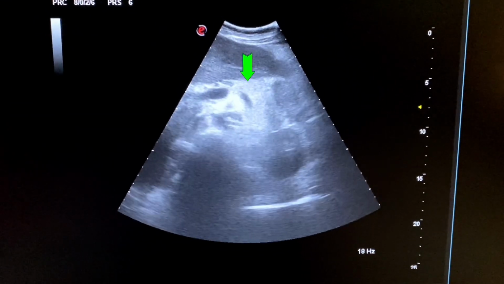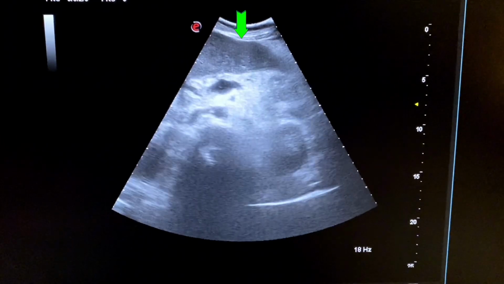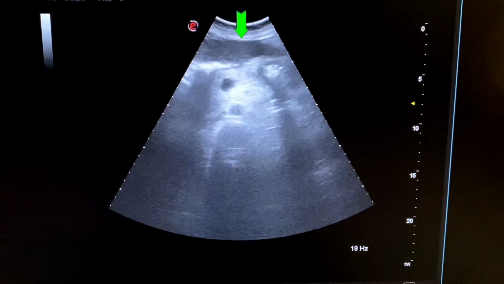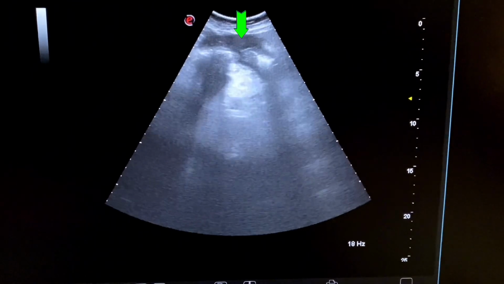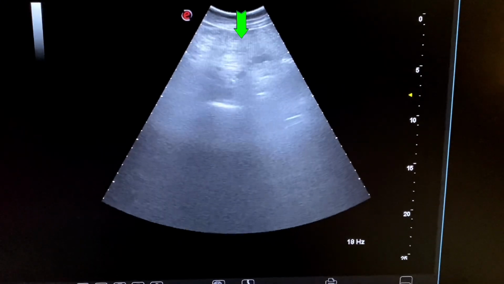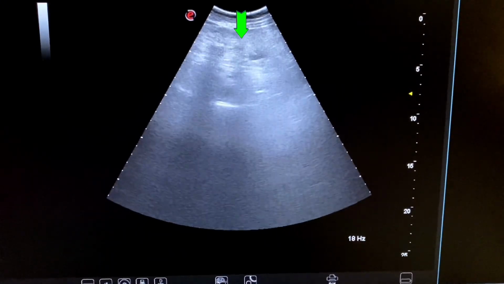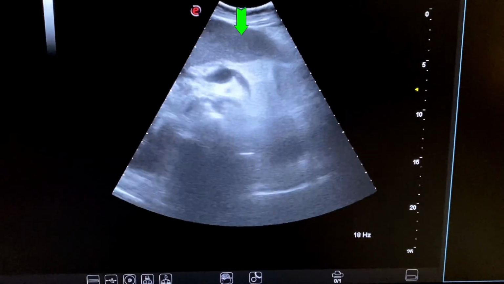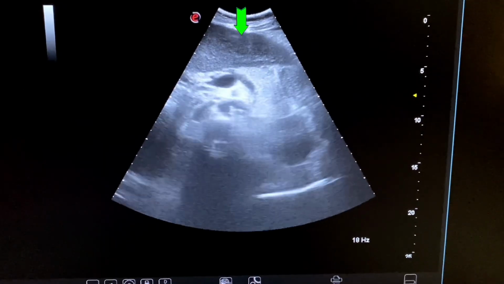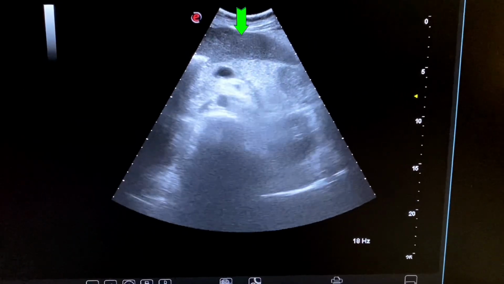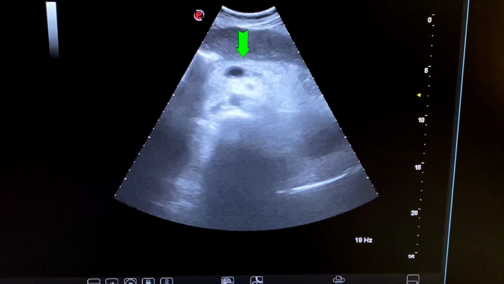When we slide the probe from the epigastrium downward, first we see the left lobe of the liver, then the duodenum with gases if normal, and below the duodenum is the pancreas.